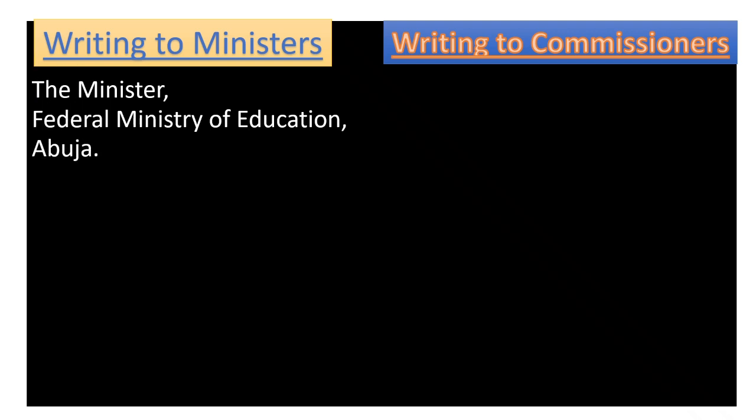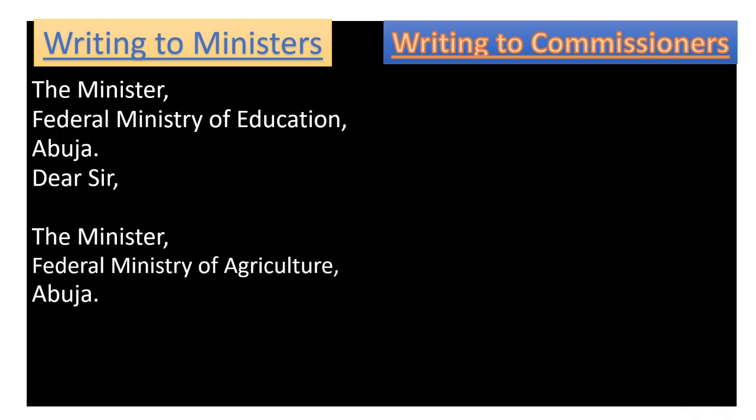Then you write the location. The offices of ministers are always in Abuja. You write Abuja. Then you write the salutation. If you are writing to the Minister of Agriculture, write the Minister, Federal Ministry of Agriculture, Abuja, dear sir.